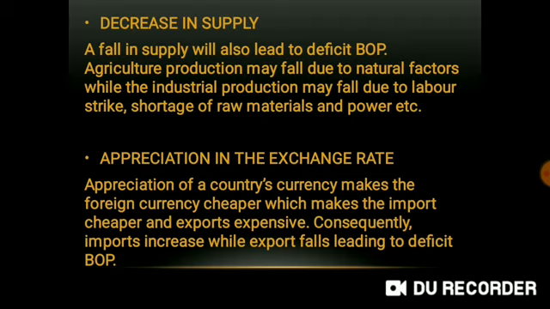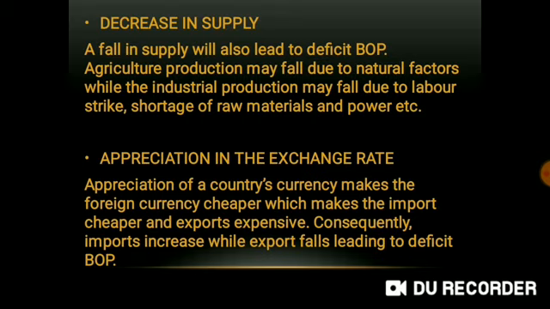So whenever there is a fall in agricultural production, then the country will be able to export less. Understood? Then a country will not be able to export, or the country has to depend upon another country for the supply of agricultural commodities. As a result, import will be more and the export will be less. This results in adverse balance of payment.